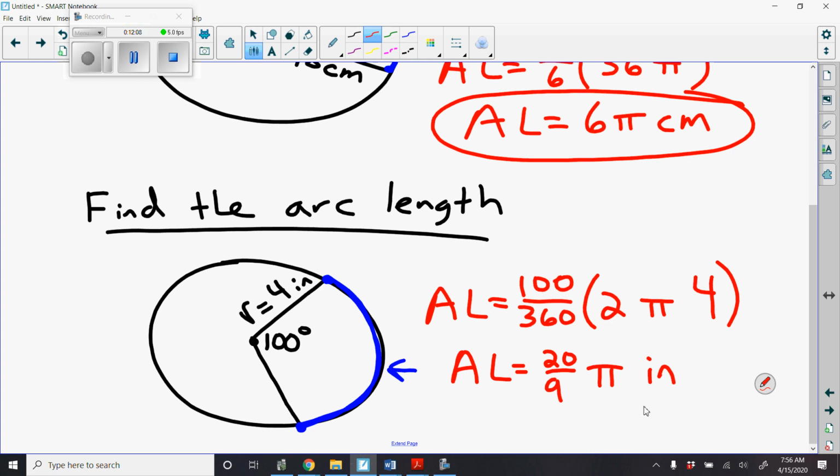And again, to think about this, this 100 over 360, if you wanted to do it by hand, that can be 10 over 36. I know 10 and 36 both divide by 2, so I could call it 5 over 18.